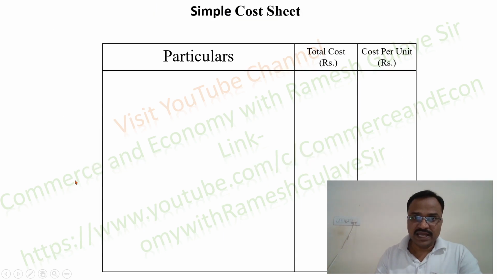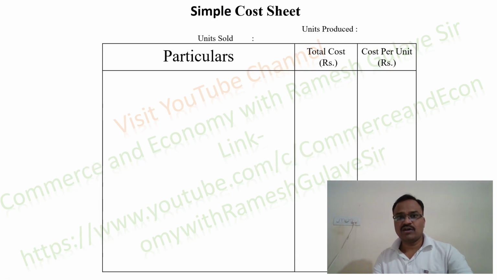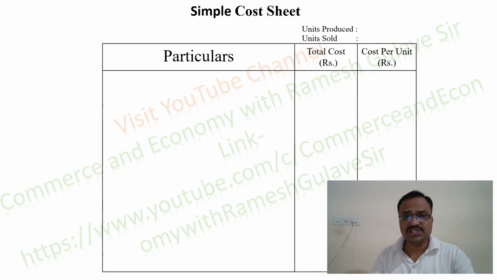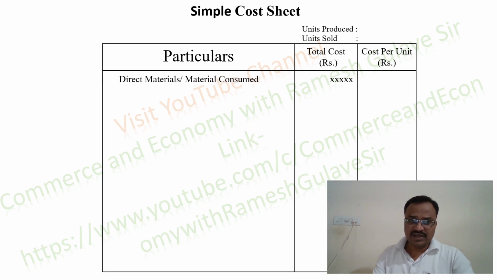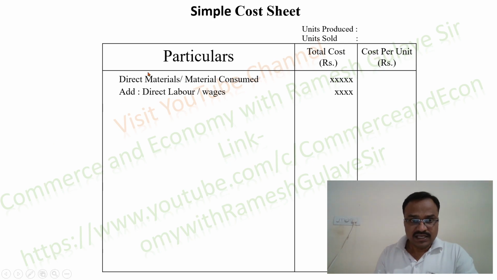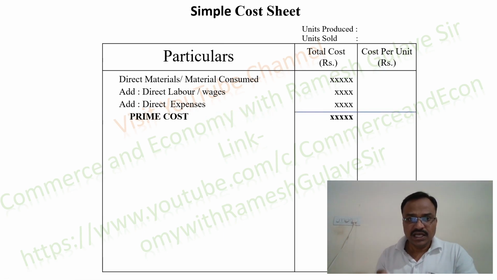Here students, I would like to share with you the format of cost sheet, and this is the format of a simple cost sheet, so that you can understand the various questions related to this. See, in cost sheet, first we take the direct material or cost of material consumed, then we add direct labor into it, then when we add direct expenses we get the prime cost or direct cost.